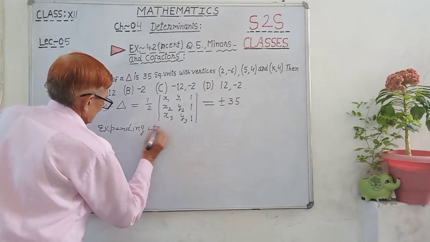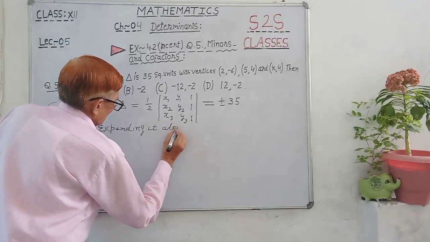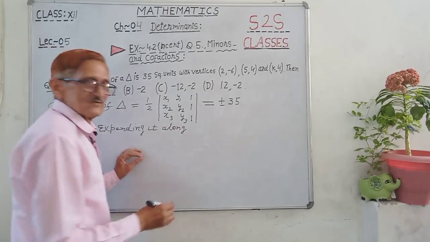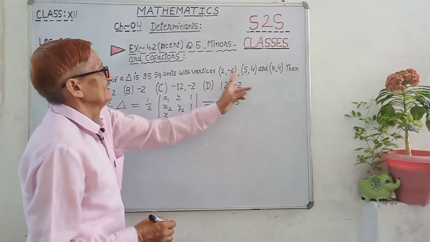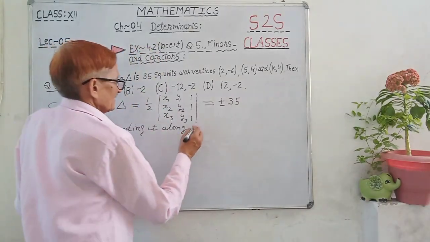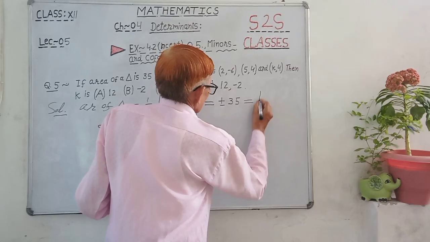Expanding it along any one row or any one column. You know that, and the values x1, y1, x2, y2, x3, y3 are given, so we have to put the values first.